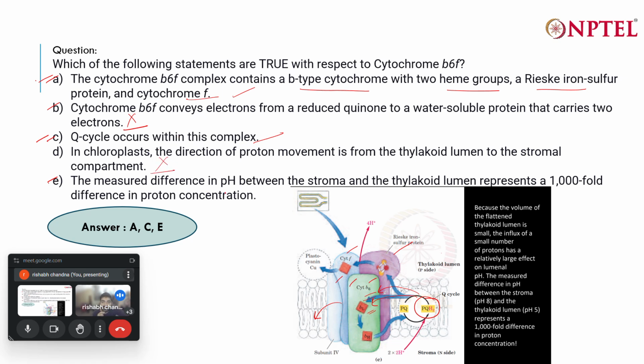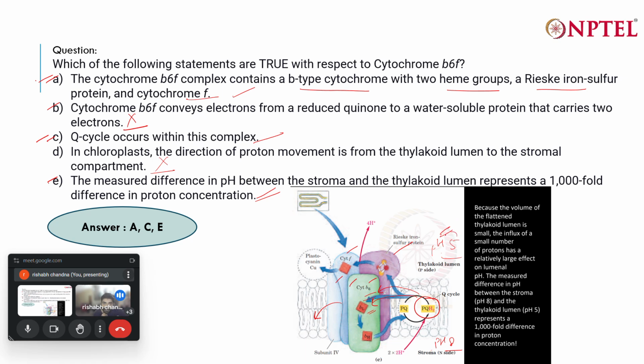The measured difference between the stroma and the thylakoid lumen represents a thousand-fold difference in proton concentration. Yes, this is correct, because the pH of the stroma is pH 8 and that of the thylakoid lumen is pH 5.